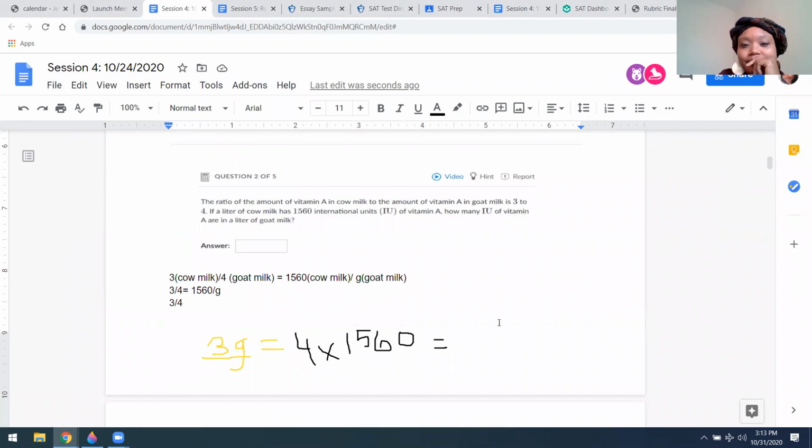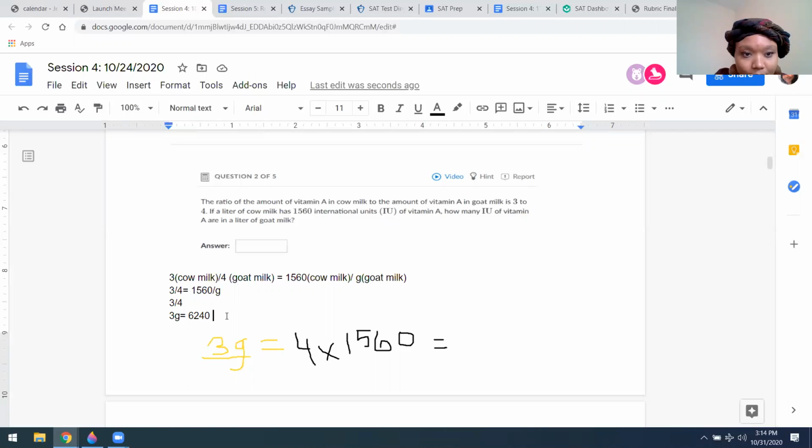But yeah, and then that will equal, I'm just gonna type it out here. When you get 6,240, it will be 3G over 6,240, and then you just divide by 3 because you have to get the G alone.